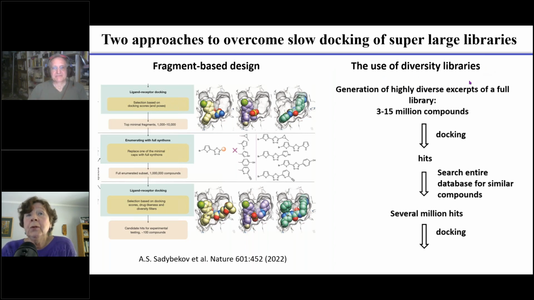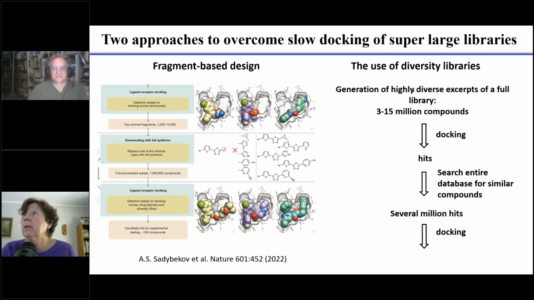The third, which is not here yet but is right around the corner, is faster docking using GPUs. We also should be thinking about quantum computers, although they are not here yet, but they may arrive quicker than we all think. But meanwhile, we're using the diversity library.